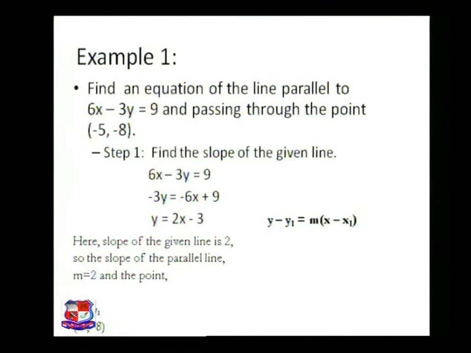Using the point slope form, with y1 equal to minus 8, y minus minus 8 is equal to 2 into x minus minus 5. So y plus 8 is equal to 2x plus 10.